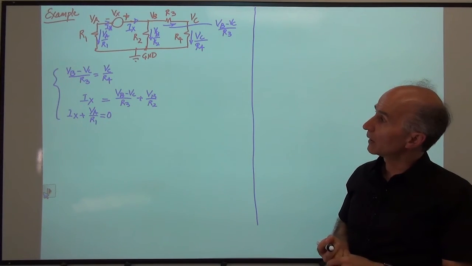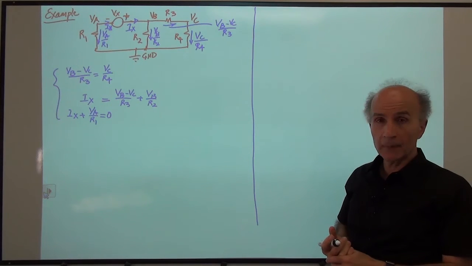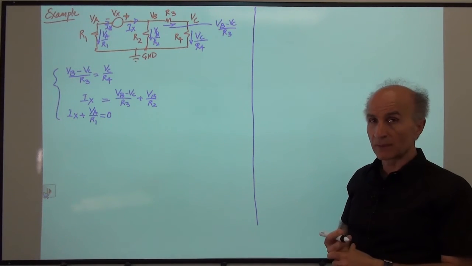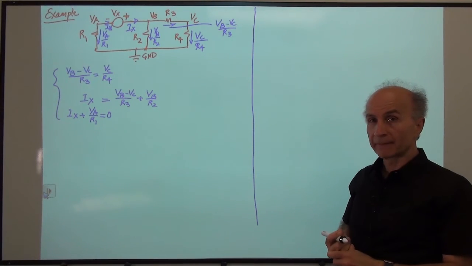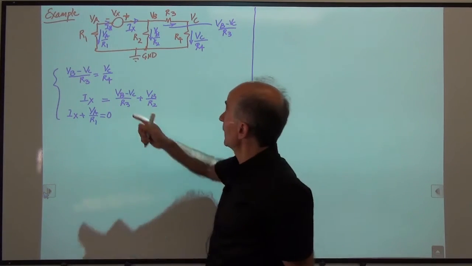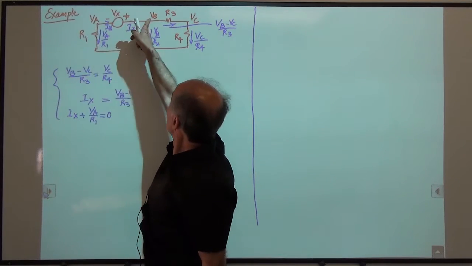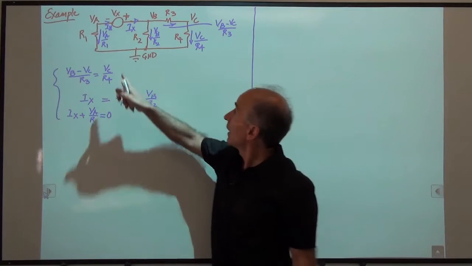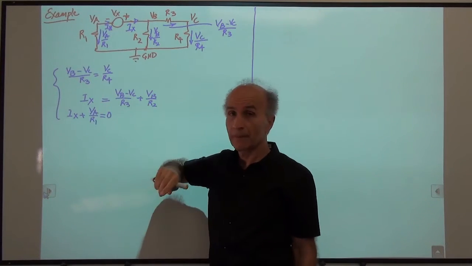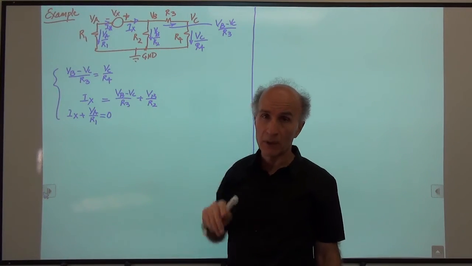Okay, so am I in good shape in terms of solving these equations? No, not really. How many unknowns do we have? It seems that we have VA, VB, and VC. 3 unknowns, plus IX, because I introduced that here. I have 4 unknowns and 3 equations.